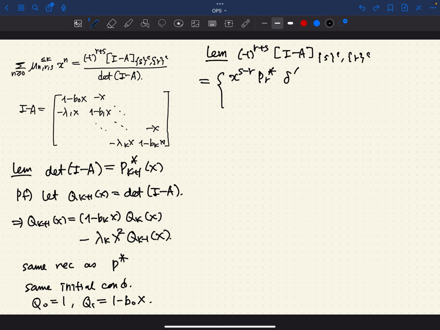Sorry: delta_{s+1} p_s star p_{k-s} star if r is less than or equal to s, and lambda_{s+1} lambda_r p_s star delta_{r+1} p_{k-r} star if r is greater than s. Okay? Proof.